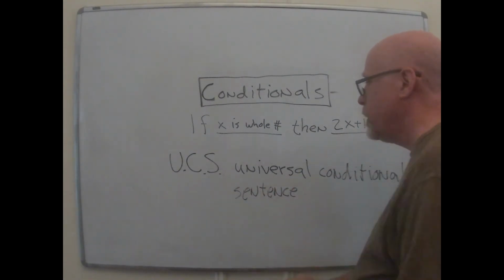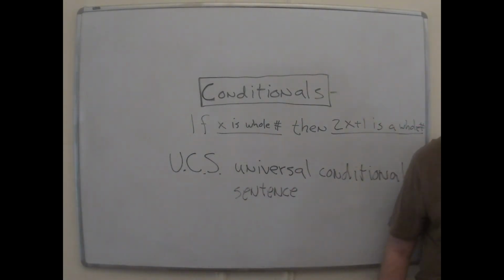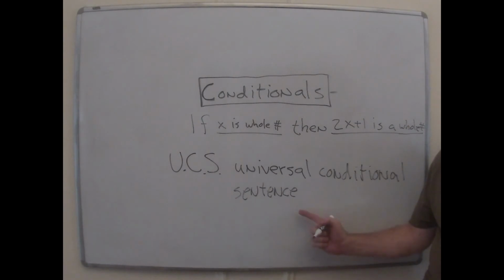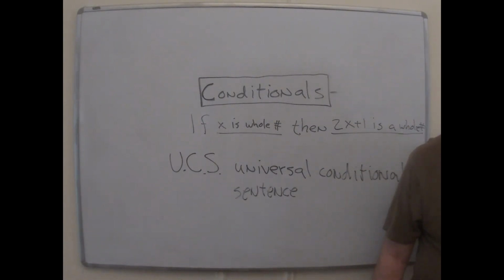Right now, we're not going to do too much with UCSs. I just sort of want you to know that they exist and that they're important, and we'll start a little bit on how to handle ourselves relative to UCSs, translating things that are given in natural language into them.